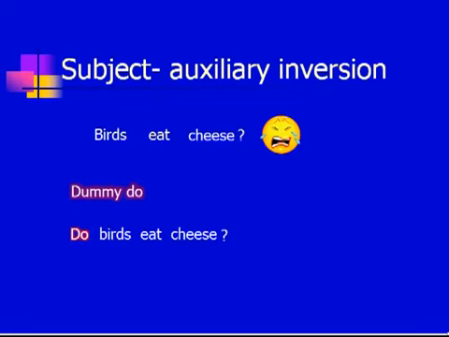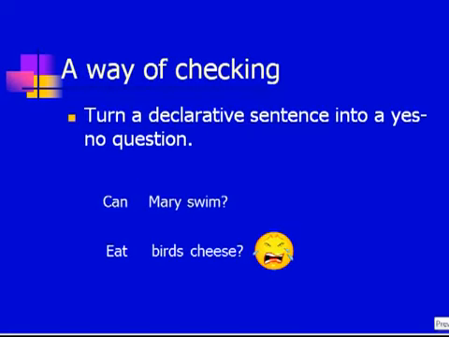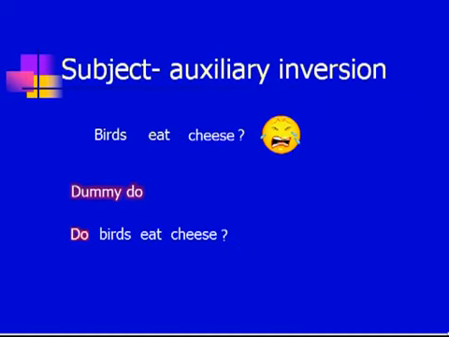Well, when you have an auxiliary, you can do what's called subject auxiliary inversion. So Mary can swim, you invert the positions of the auxiliary and the subject to can Mary swim. If you try and do that with a main verb like eat, birds eat cheese, eat birds cheese, that doesn't work. So that shows that eat is not an auxiliary.